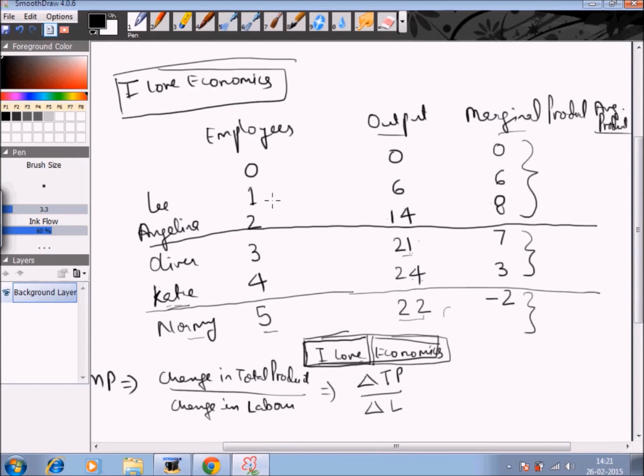See, average product we calculate by dividing the total units produced by the number of employees employed.